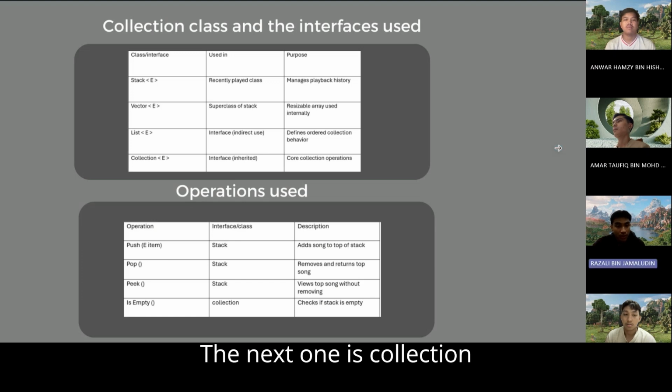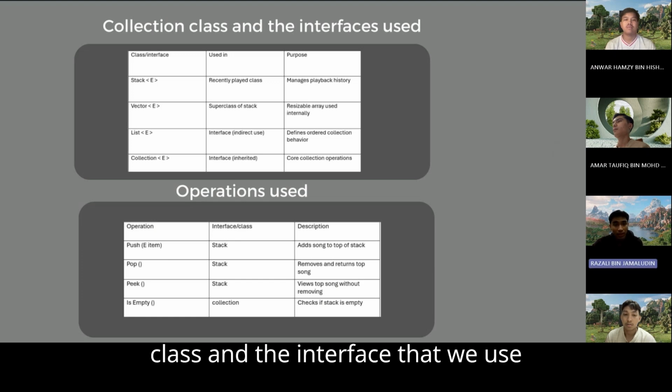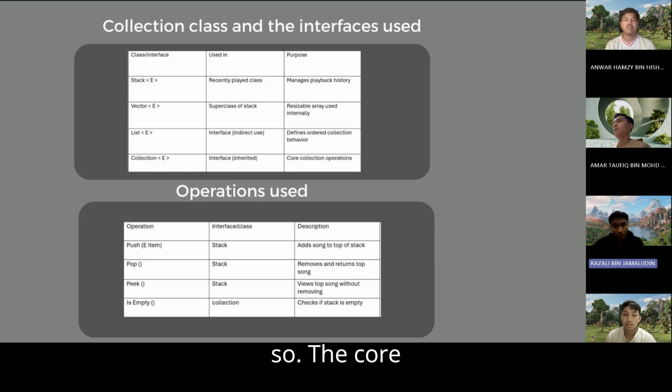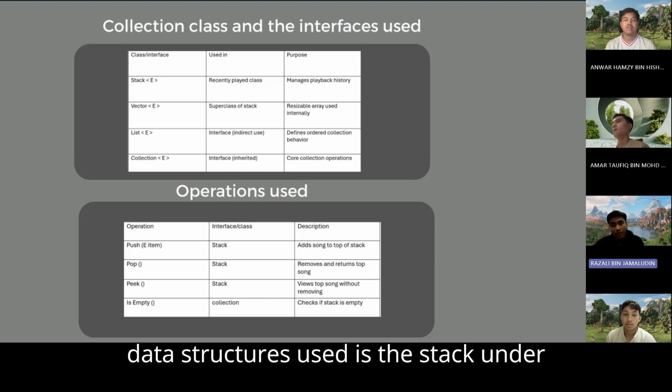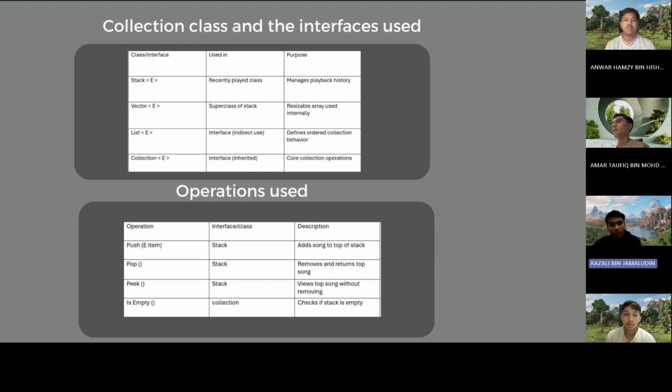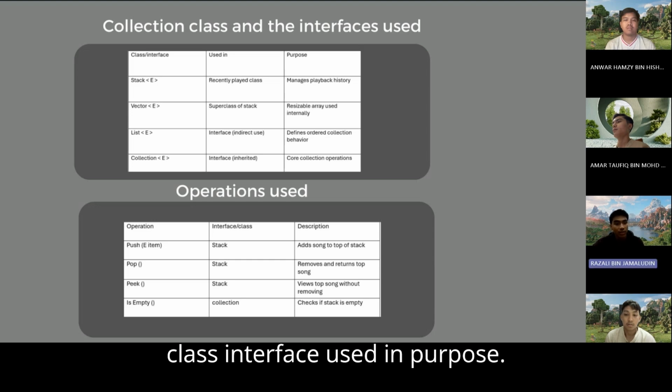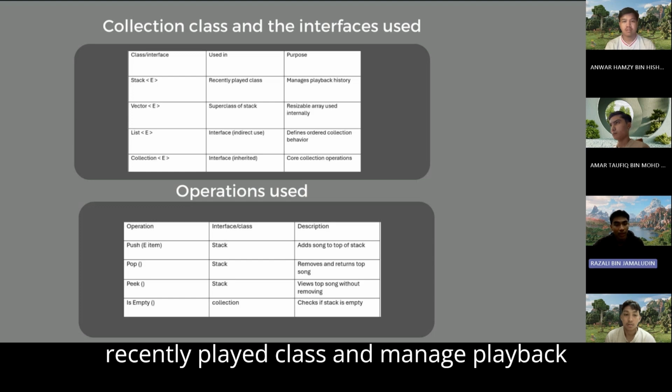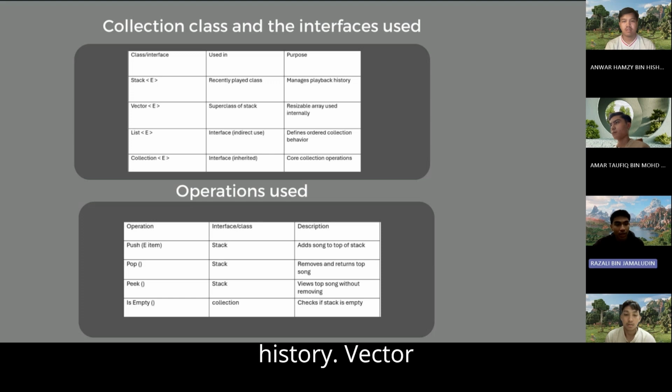So the next one is the collection classes and interfaces that we use. The core data structure used is the stack under the Java Collections Framework. So we see the class and interface used and their purpose. Stack of String is the RecentlyPlayed class that manages playback history.